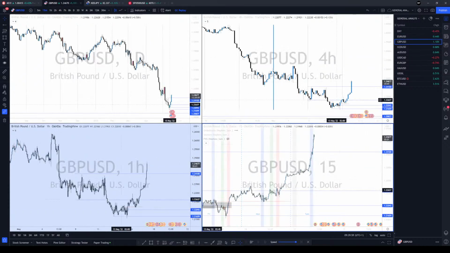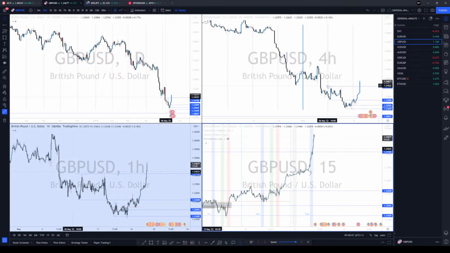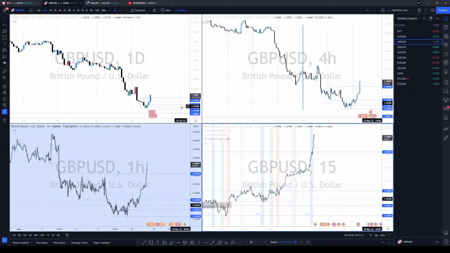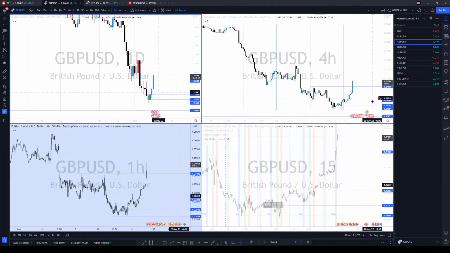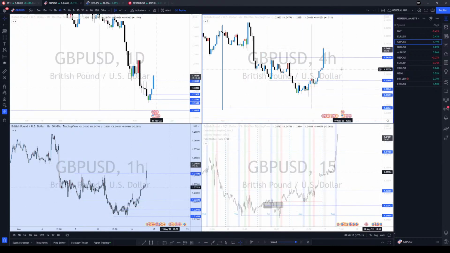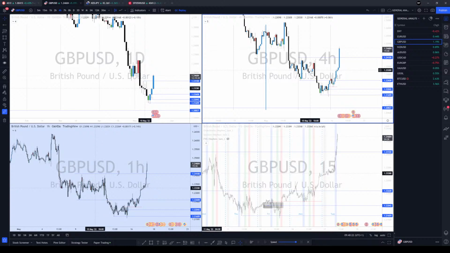Okay, British pound, same thing. I did anticipate price going up because of this auto block here, and it traded back into, I think it was an auto block on H4, and then ran for this equal high, which I think last week I was anticipating them to trade above before going down, but that didn't happen.